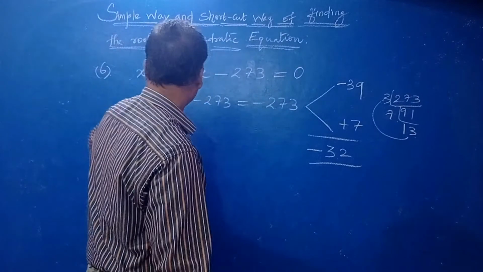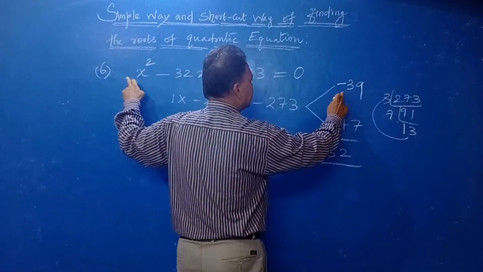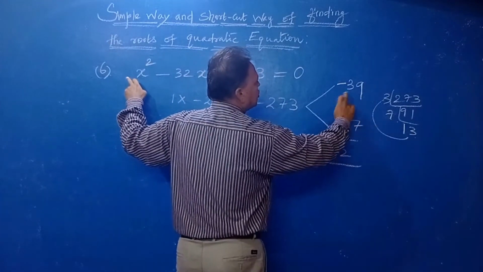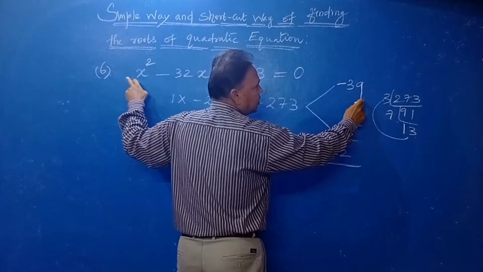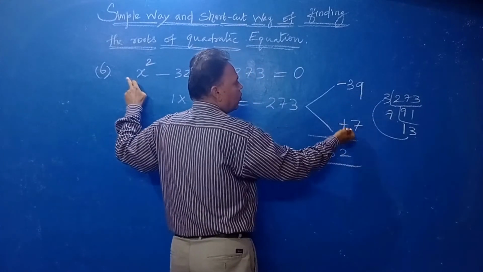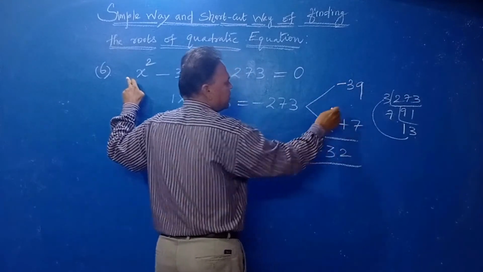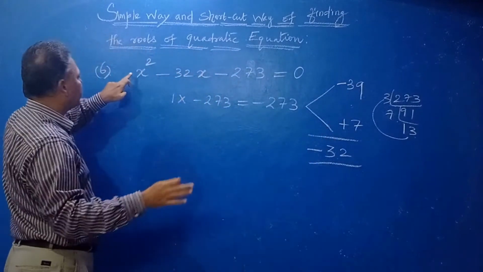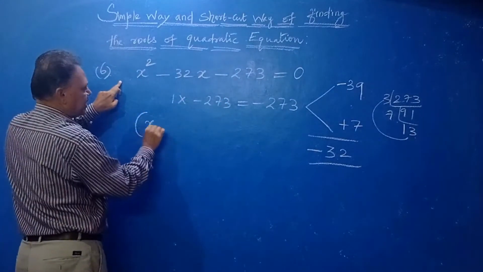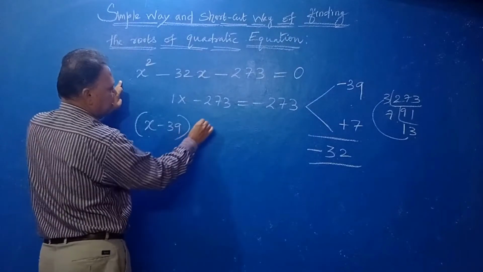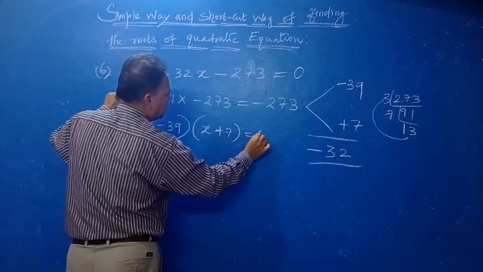Now when the x² coefficient is 1, straight away you write 1 into x. As it is, x − 39, here x + 7. So you can write it straight away: (x − 39)(x + 7).